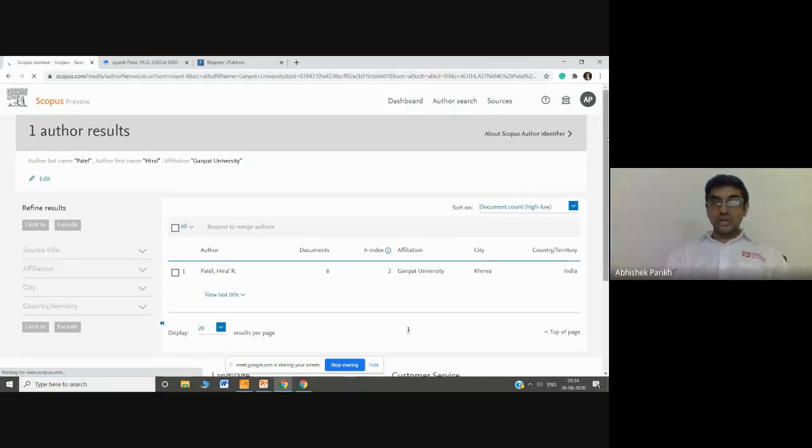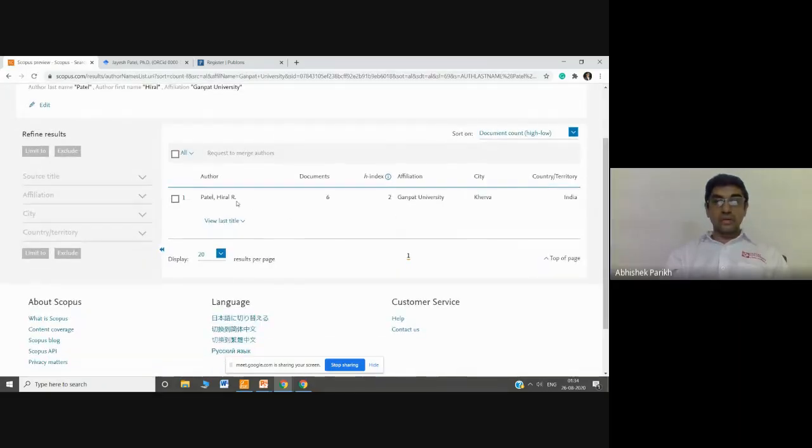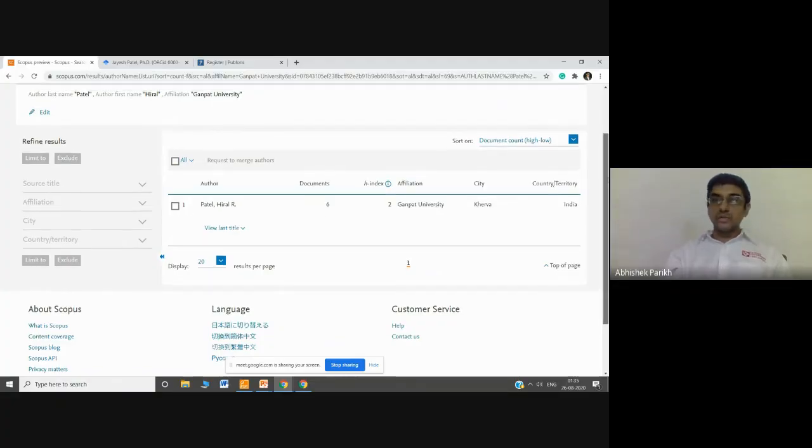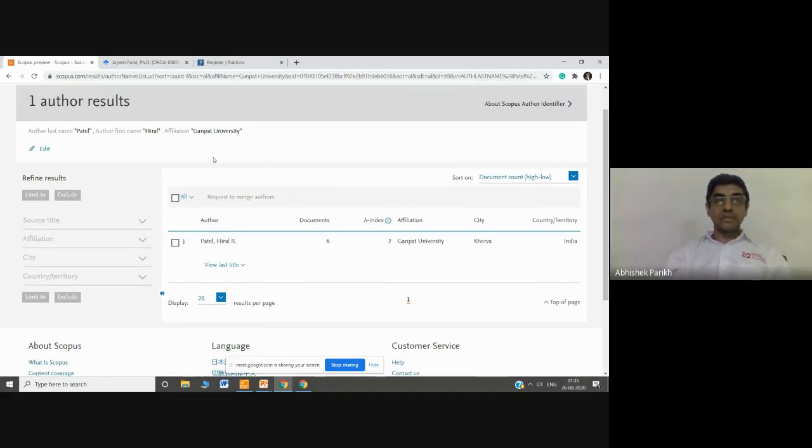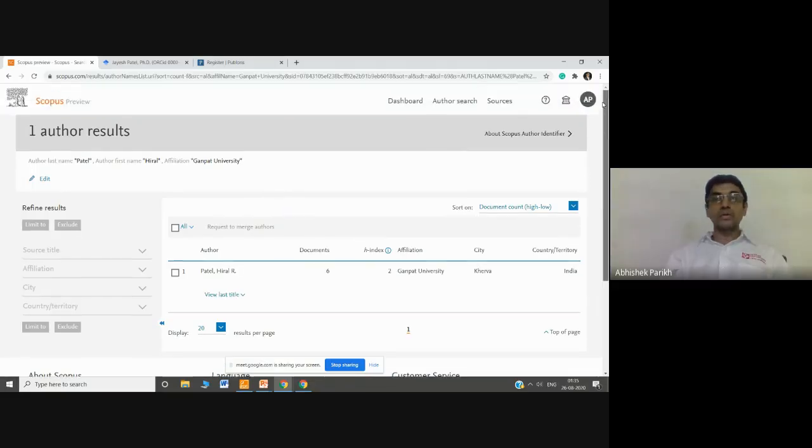Now here only one Patel is shown in the Ganpat University, but there are basically three Patels in the Ganpat University, and these six documents are a merge of two authors. So then you need to create the profile. Without creating a profile, it will not be able to give the true picture.